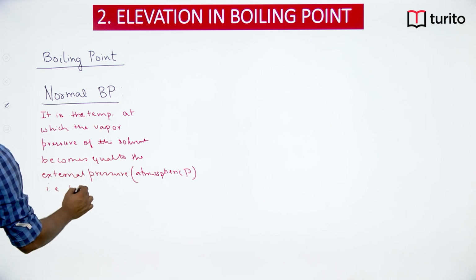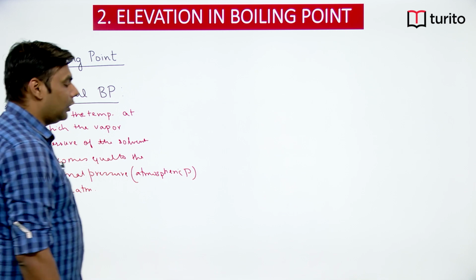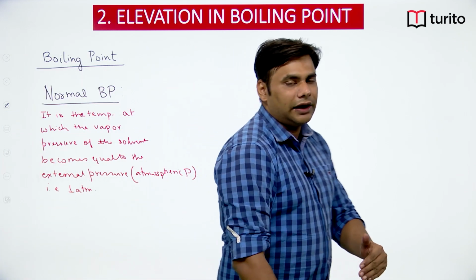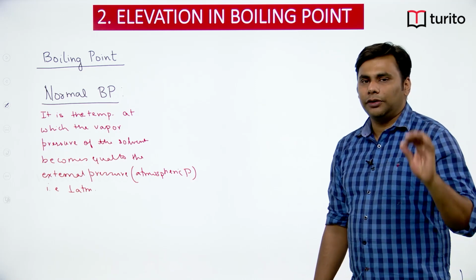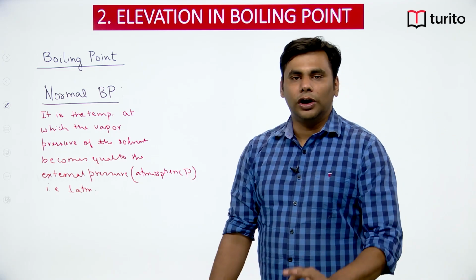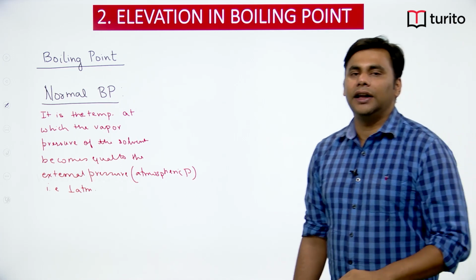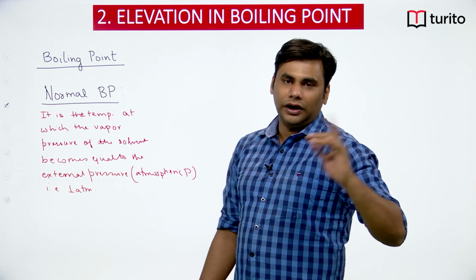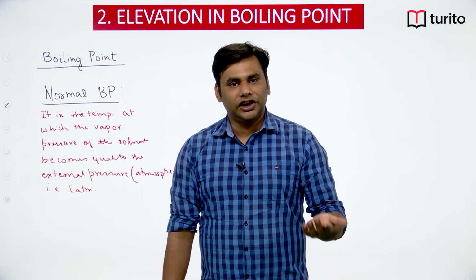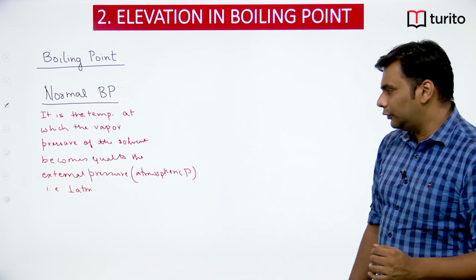So the temperature at which the vapor pressure of the solvent becomes equal to the external atmospheric pressure, which is 1 atm, is called the normal boiling point. The normal boiling point of water at 1 atm is 100 degrees Celsius. Now just remember, you have to mention the pressure when defining the boiling point, because if we change the surrounding pressure, the boiling point would also change.